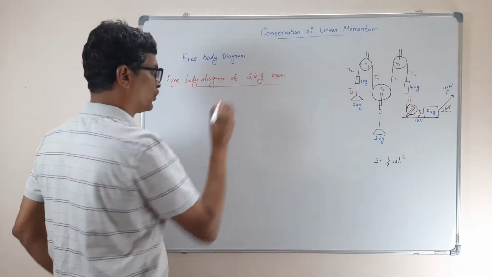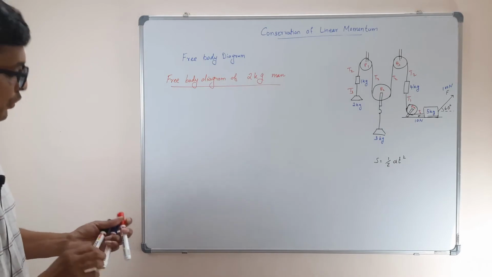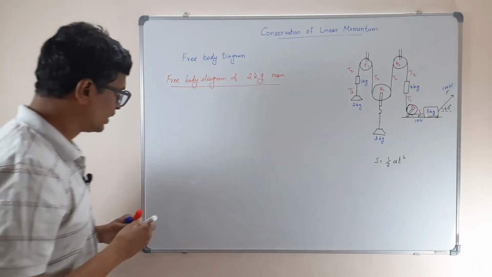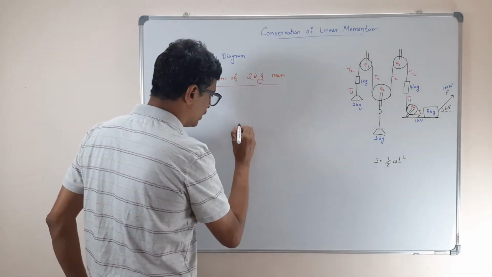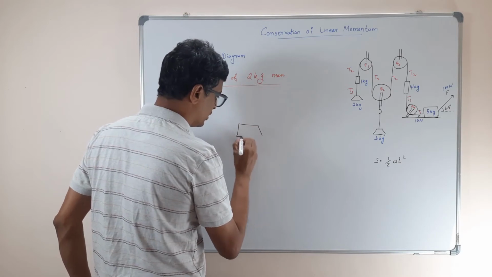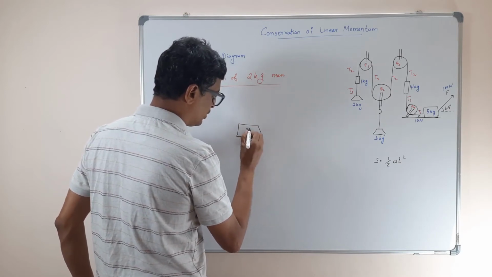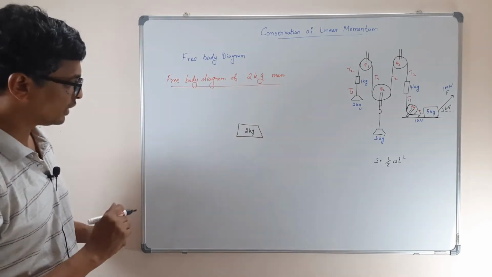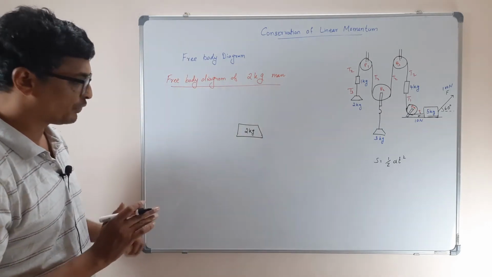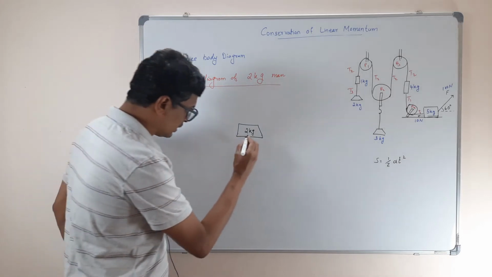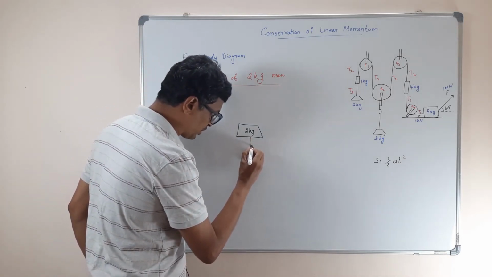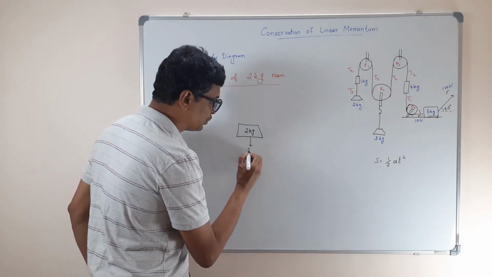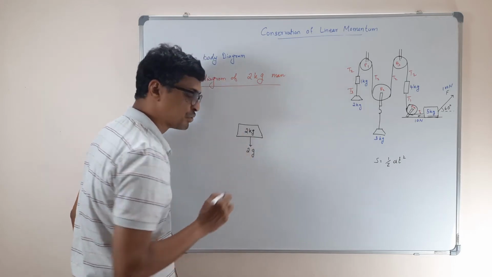In the free body diagram of the 2 kg mass, let me draw the 2 kg. What are the forces acting on it? First, there is the gravitational force, which will be 2g because the mass is 2.